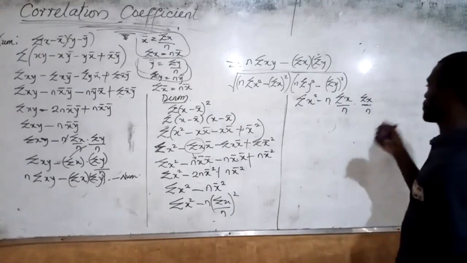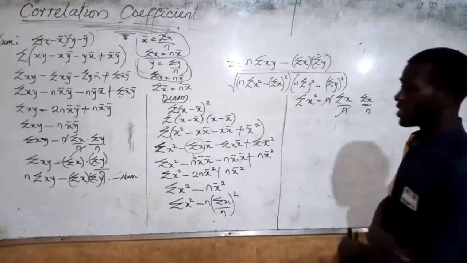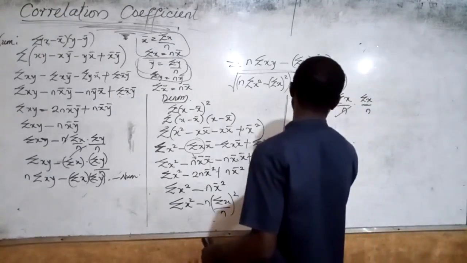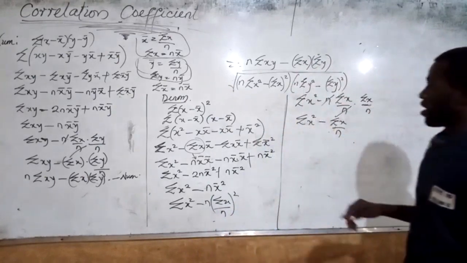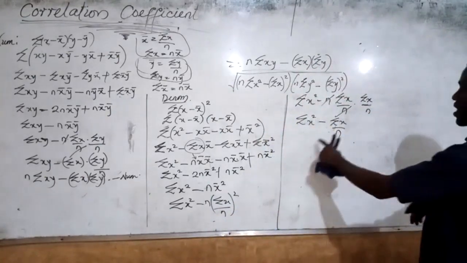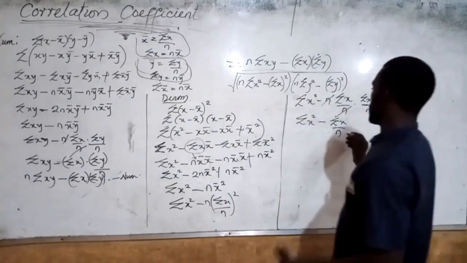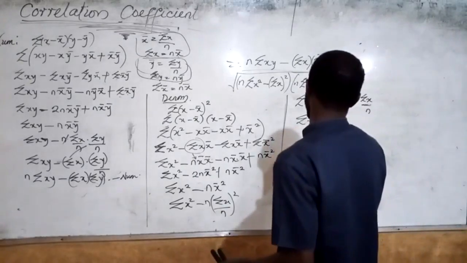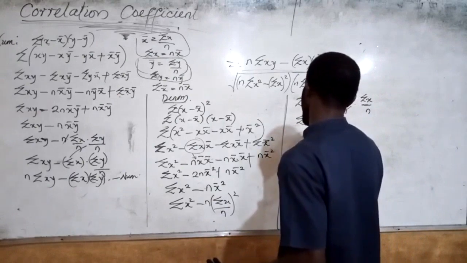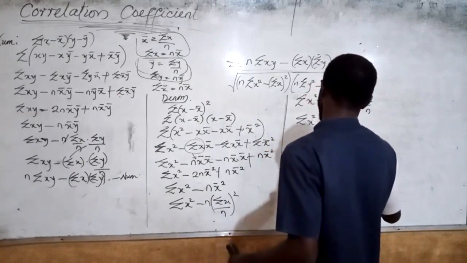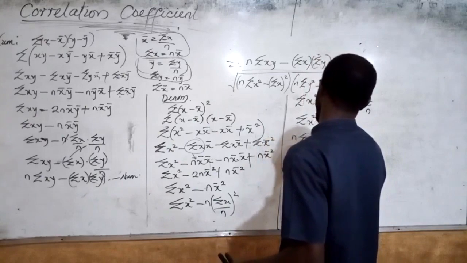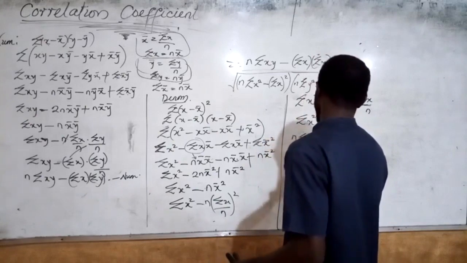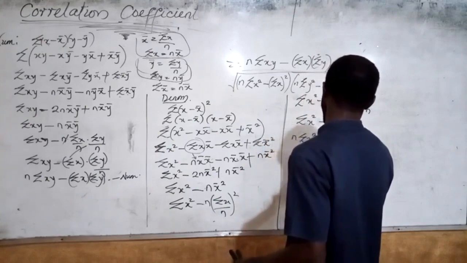Alright, so that we have n can take care of n here. So that we have summation of x squared minus summation of x over n. Alright, using the same principle as we used there, we can multiply through by n so that this guy leaves the denominator, so that we have n summation x squared minus summation x.